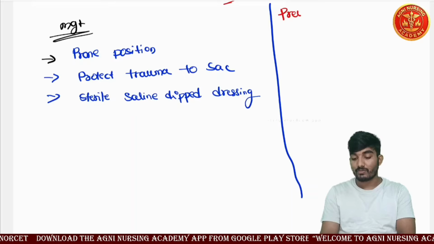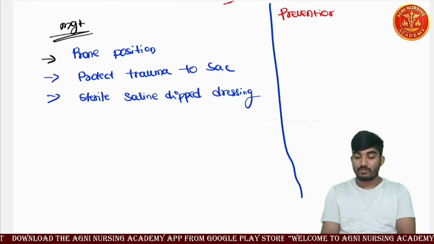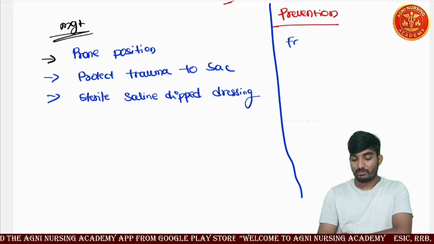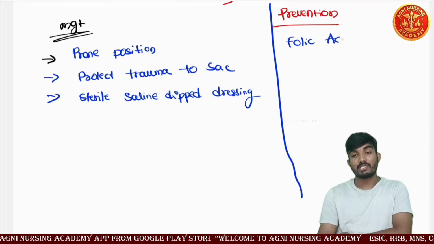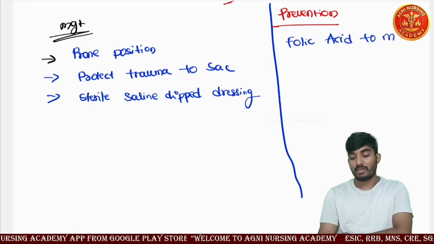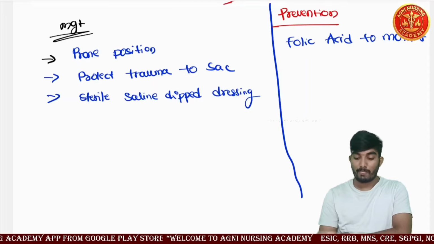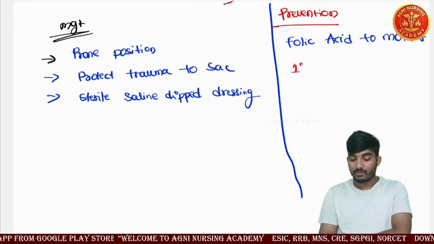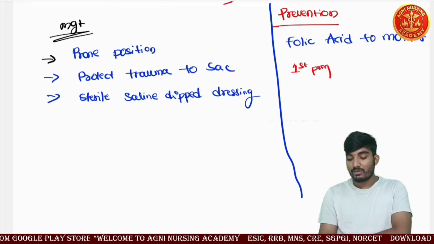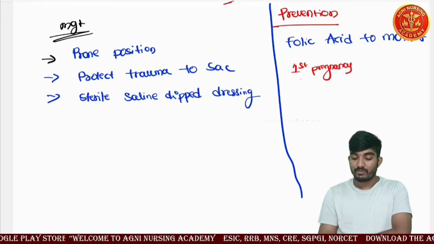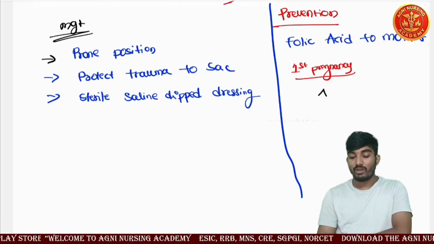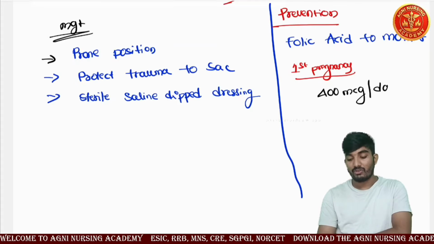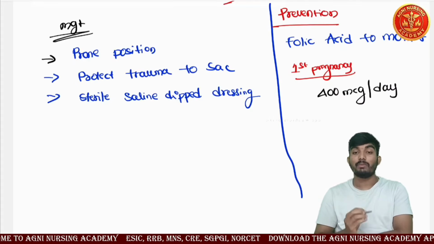How can we prevent this? Prevention: folic acid to the pregnant mother. In the first pregnancy, give 400 micrograms per day of folic acid to the mother.